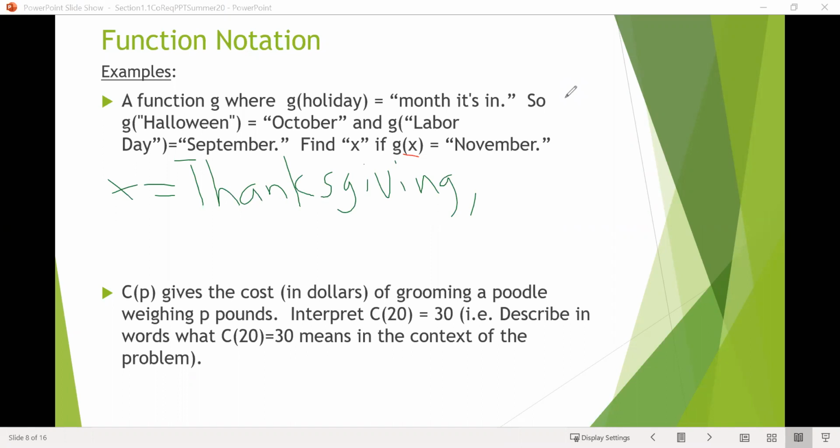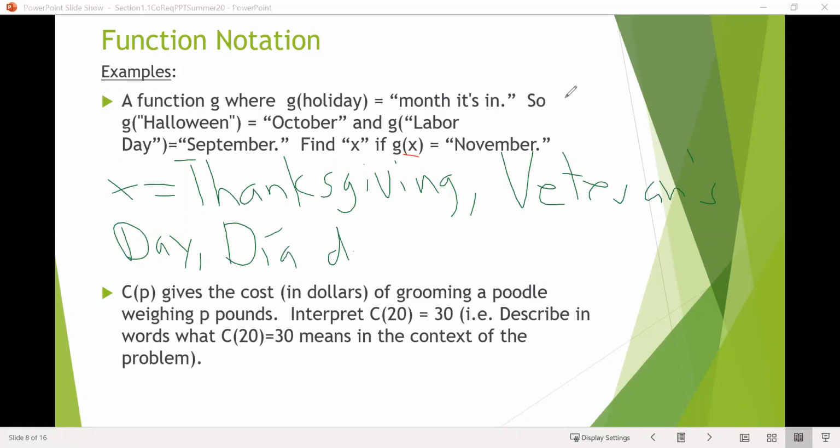Well, there's also Veterans Day in November. Okay, so that could be a value for x. What else? I believe at the beginning of the month is Dia de los Muertos.